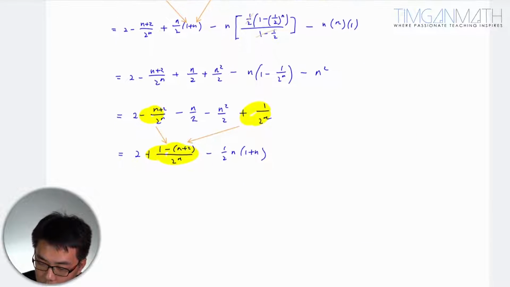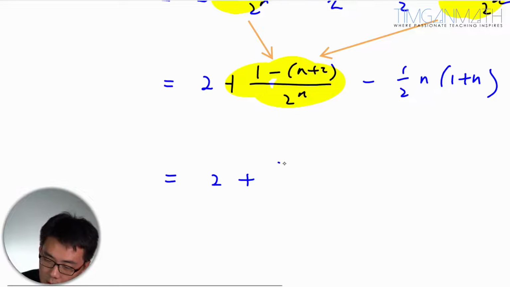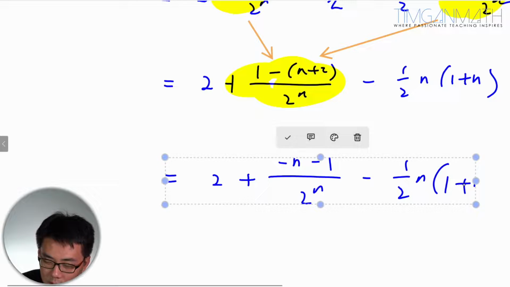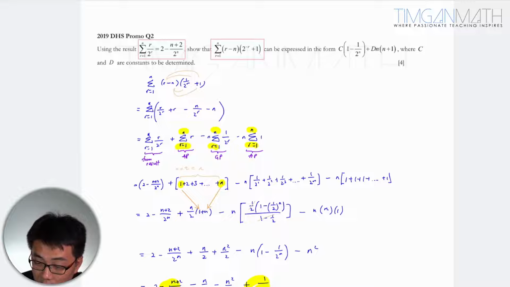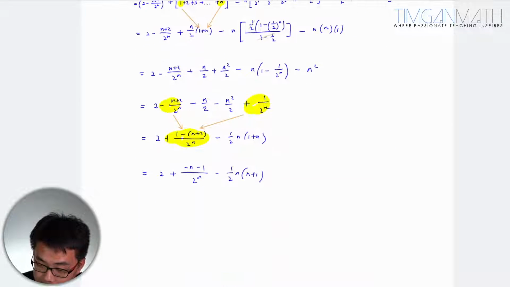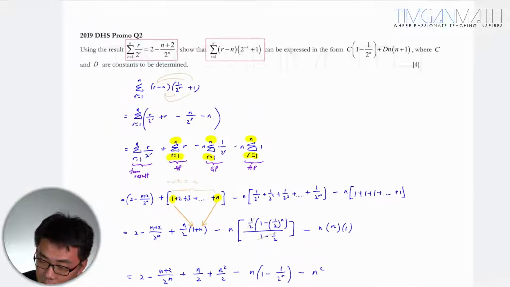Then this will be 2 plus... The rest is just manipulation, so I don't think I will go in depth here. If you want to go in depth, we can. I will just slowly do it. So n plus 1, n plus 1, n plus 1. Oh, I see. Okay, n plus 1, bring it out.